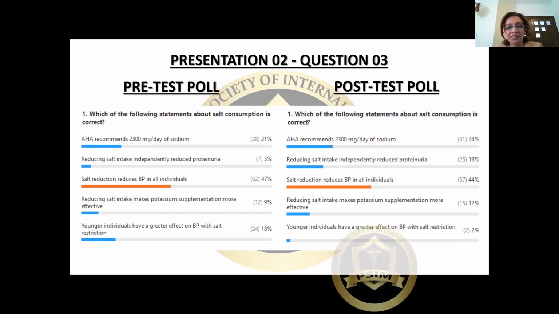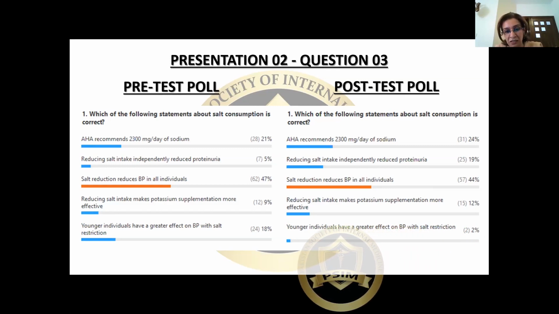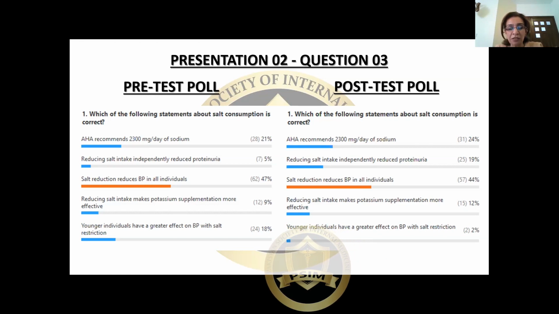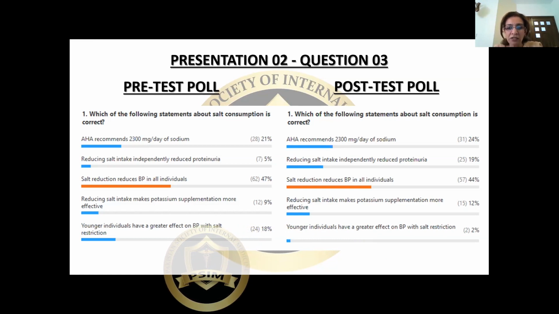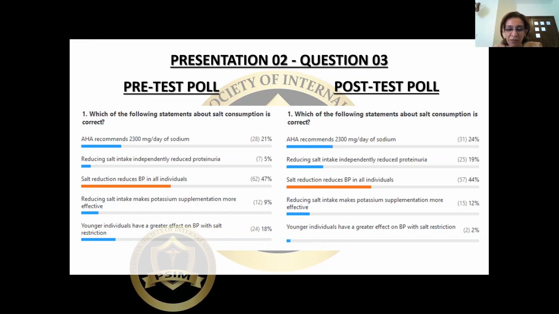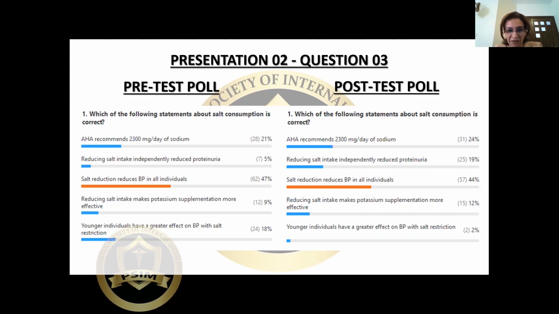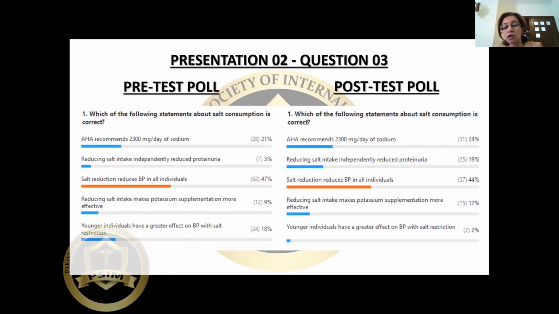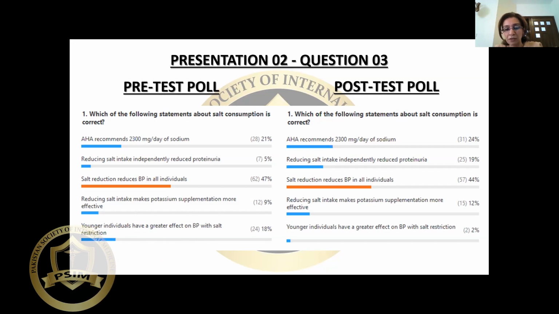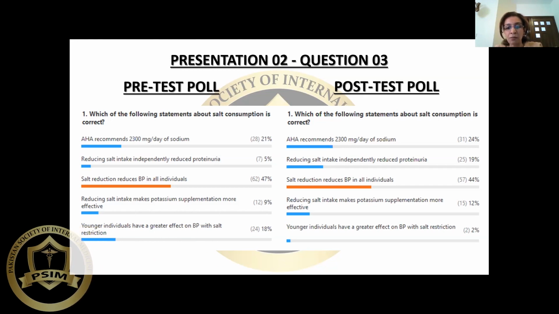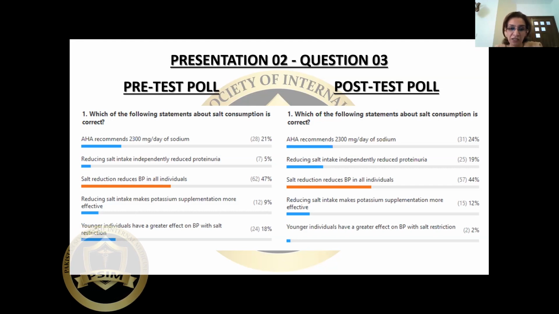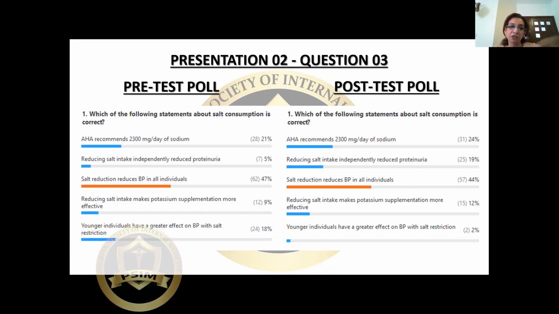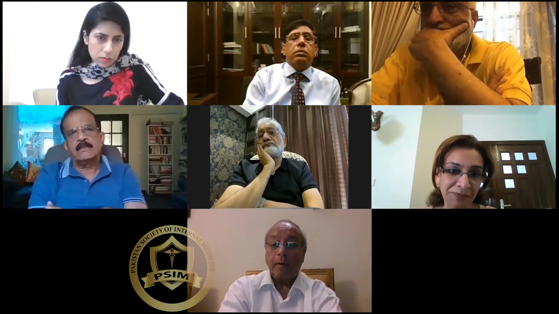We talked about salt sensitive and salt resistant individuals. So it reduces blood pressure in salt sensitive individuals. Reducing salt intake makes potassium supplementation more effective. That's incorrect. And younger individuals do not have a greater effect on blood pressure with salt restriction. It has a greater impact on older individuals, and it can help you blunt the age-related rise in blood pressure. Next, please.